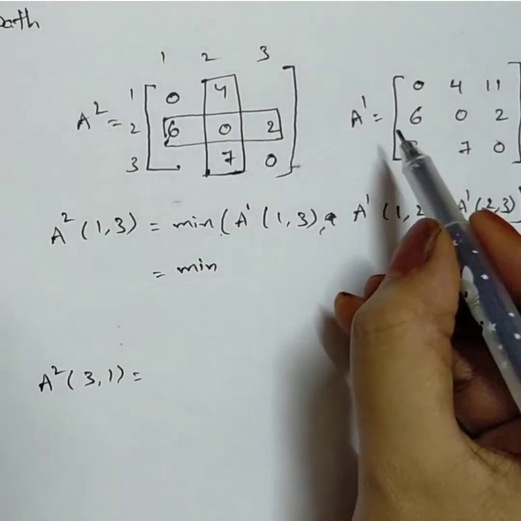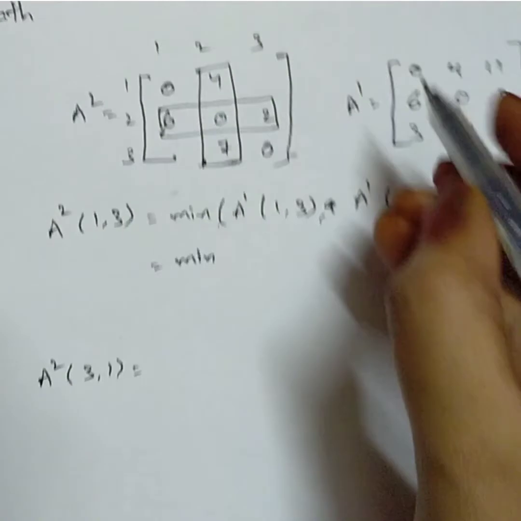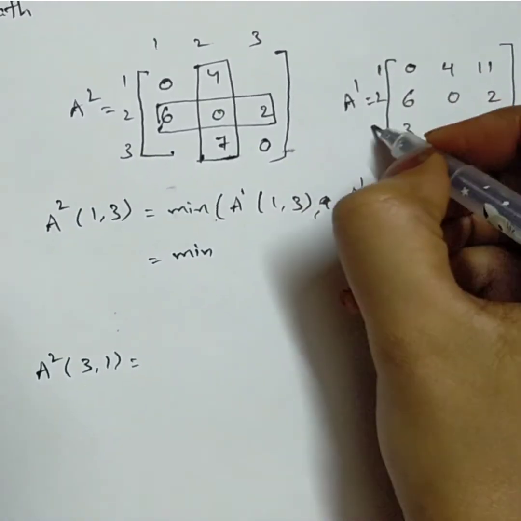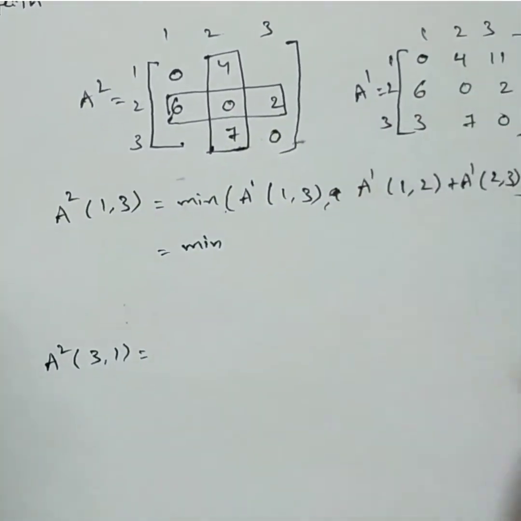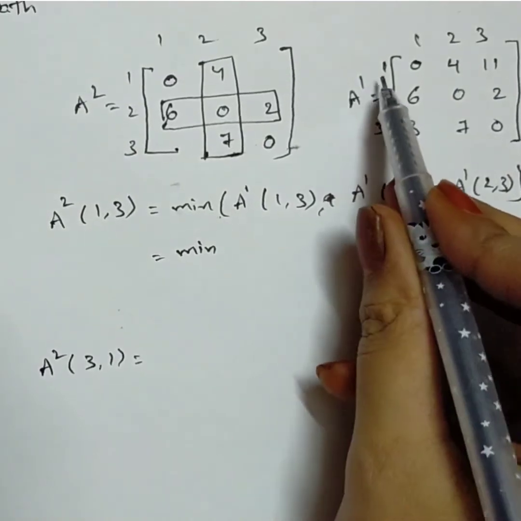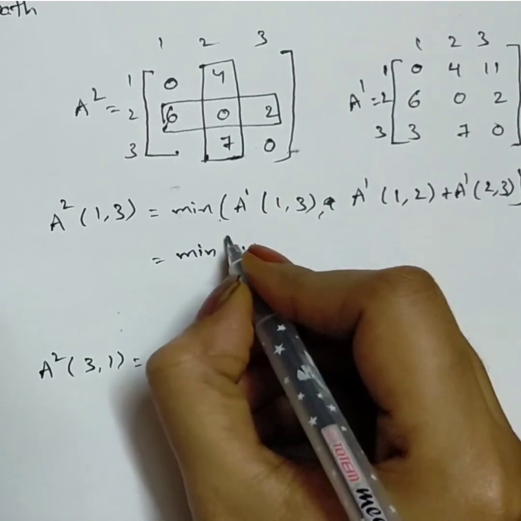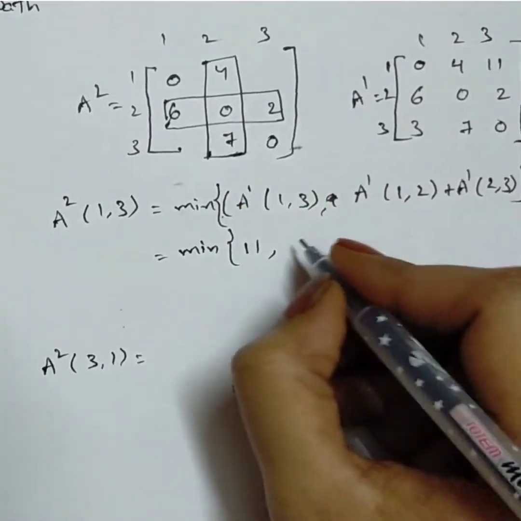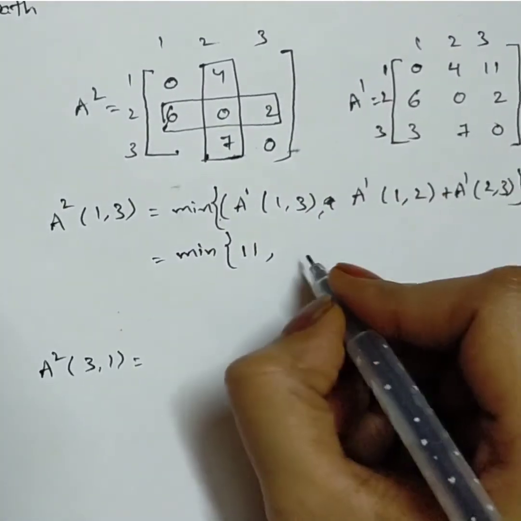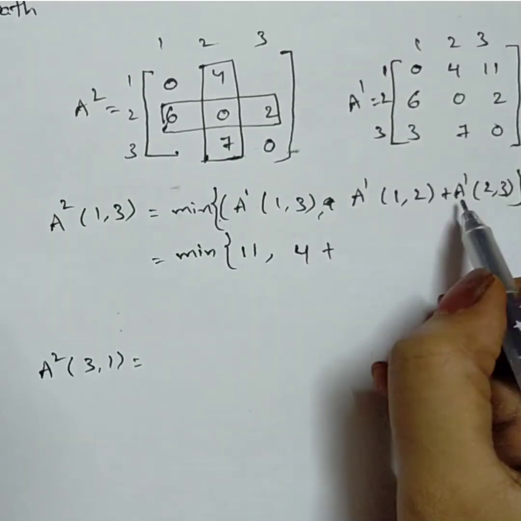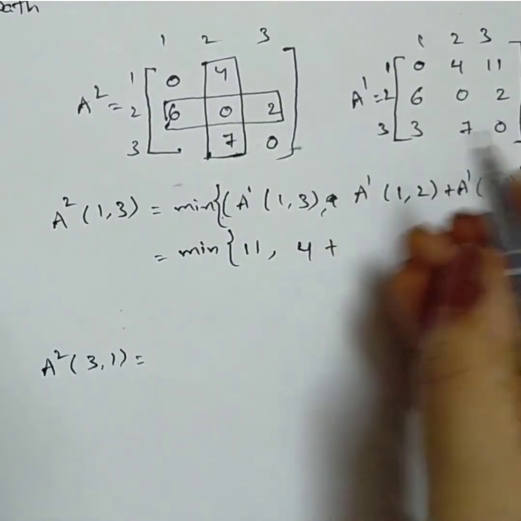See, now consider a1 of (1, 3). 1, 2, 3; 1, 2, 3. a1 of (1, 3) value is 11, a1 of (1, 2) is 4 plus a1 of (2, 3) is 2.